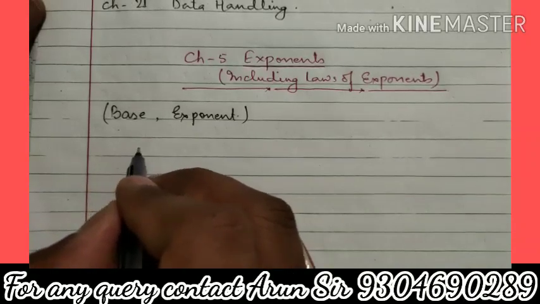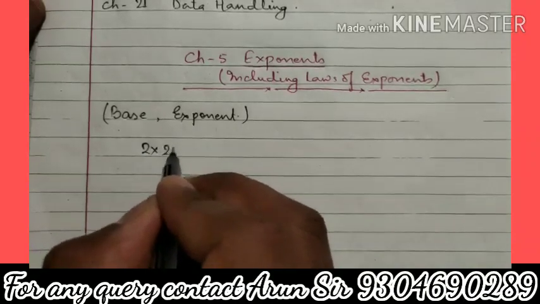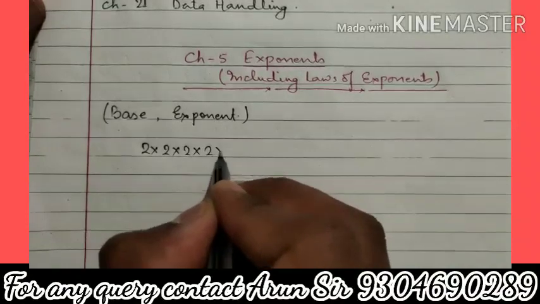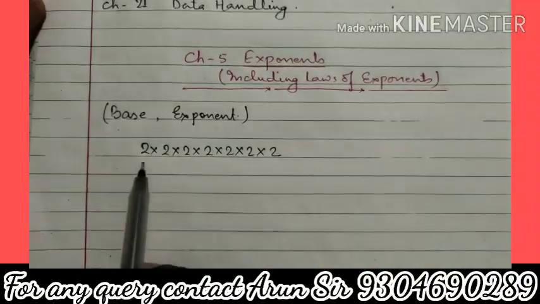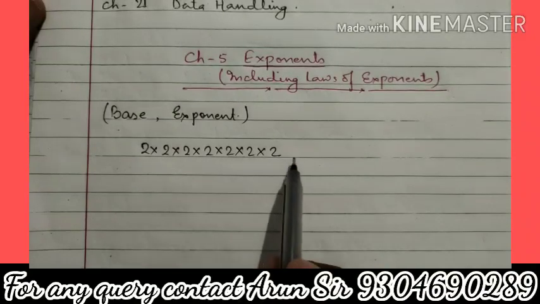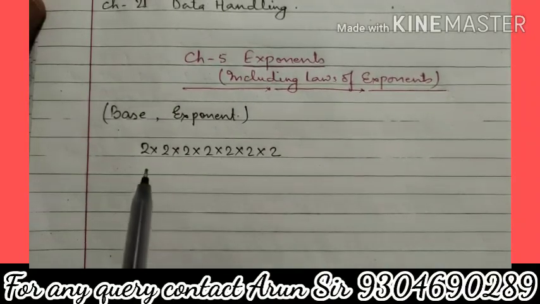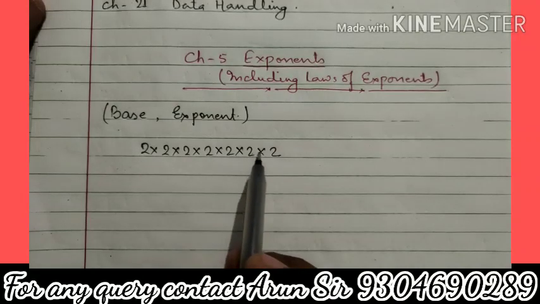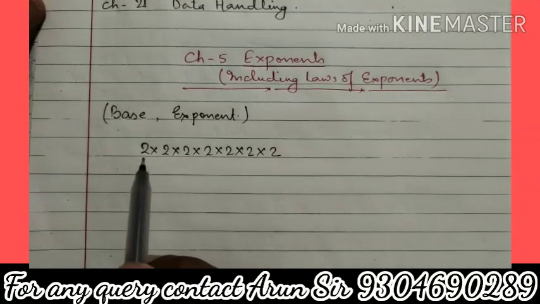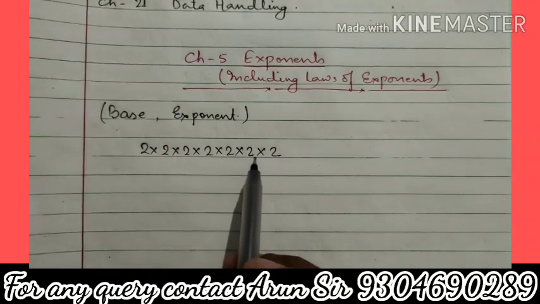Suppose, taking an example, if we are multiplying 2 so many times, here I have written 2 multiplied by 2, so many times. Let us count how many 2s there are: 1, 2, 3, 4, 5, 6, 7. It means that 2 is being multiplied 7 times.